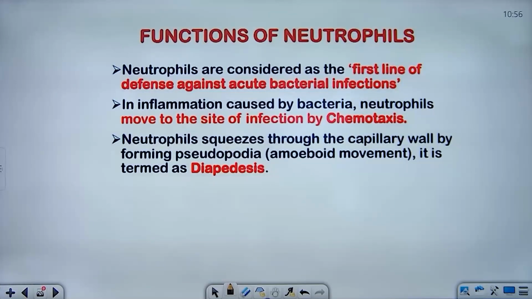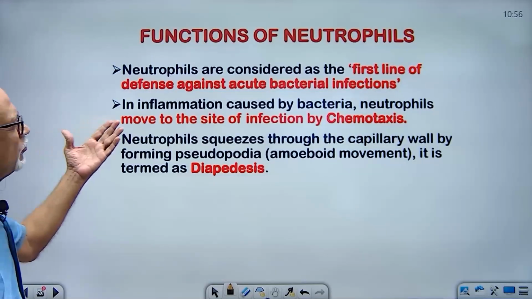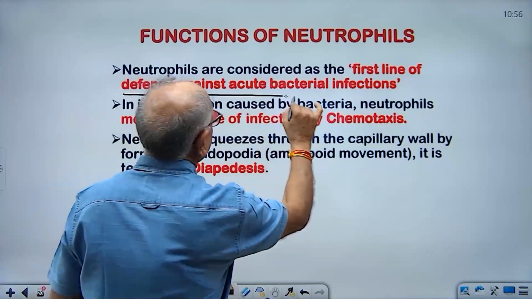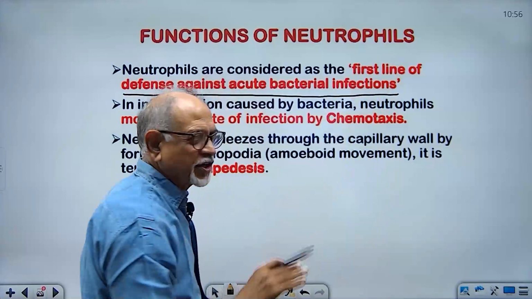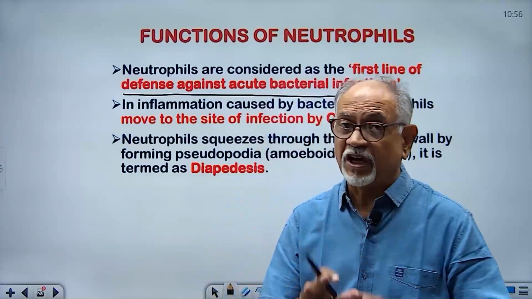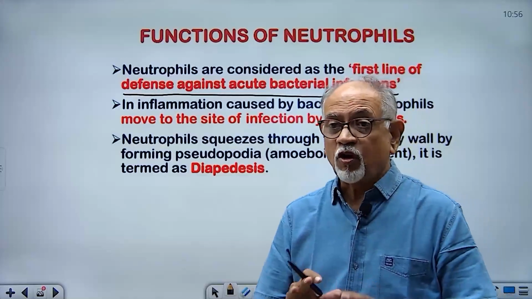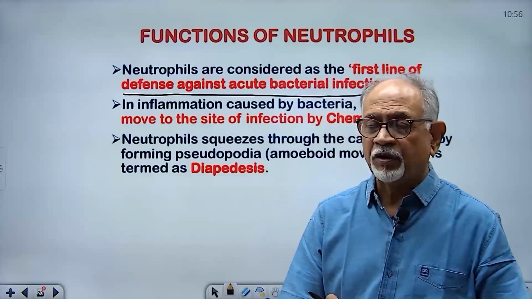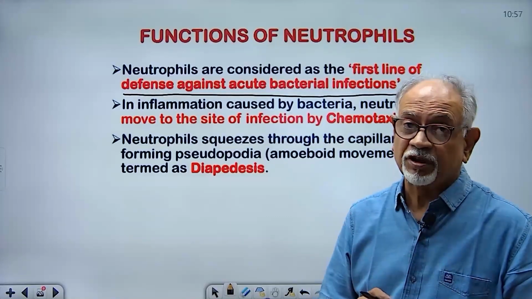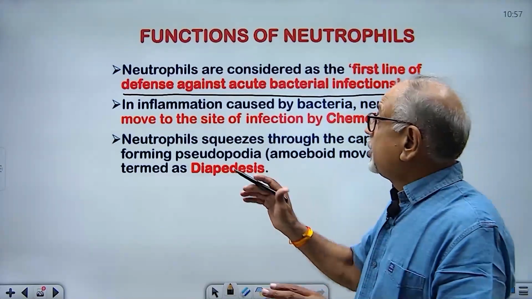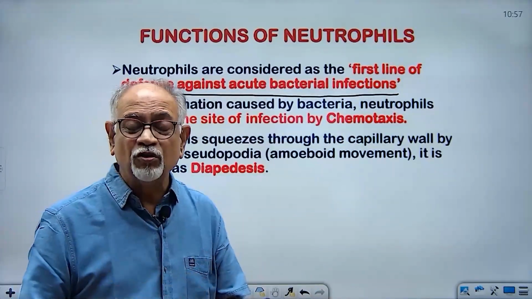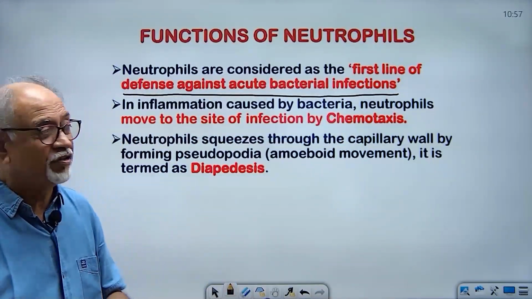Now, as I just mentioned, they provide first line defense against acute bacterial infection. That means whenever there is an infection which causes illness, then if it is of bacterial nature, the neutrophil count increases and these neutrophils destroy them by phagocytosis.